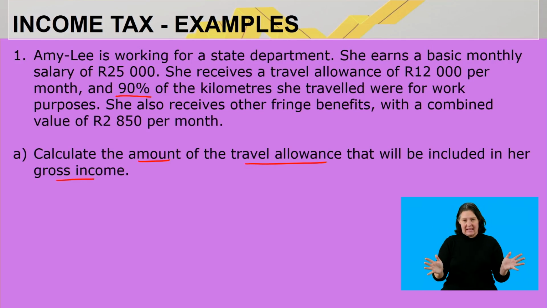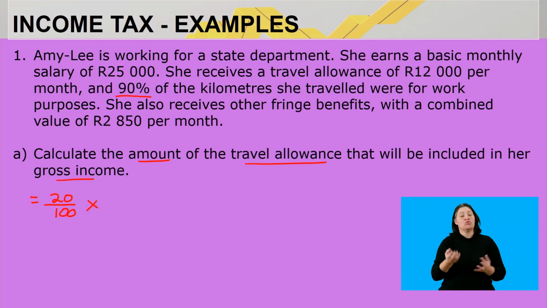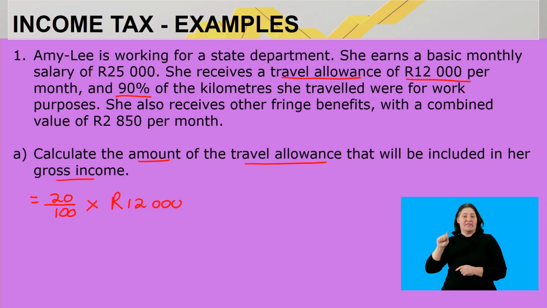So therefore I'm going to take then 20%, so I'll write it as 20 over 100, of, remember, she receives a travel allowance of 12,000 Rand per month. So therefore, I'm going to calculate what is 20% of 12,000 Rand. Right, so 20 divided by 100 multiplied by 12,000.